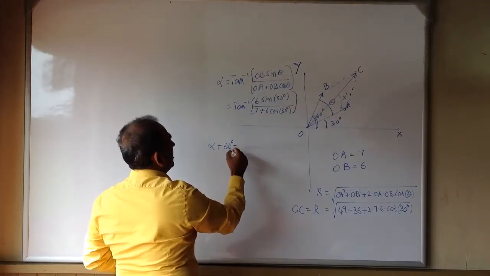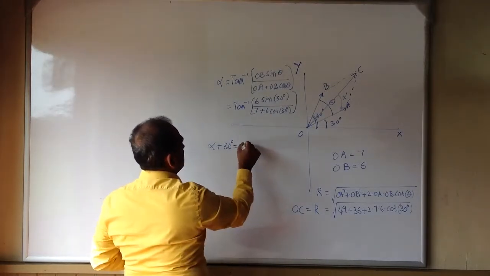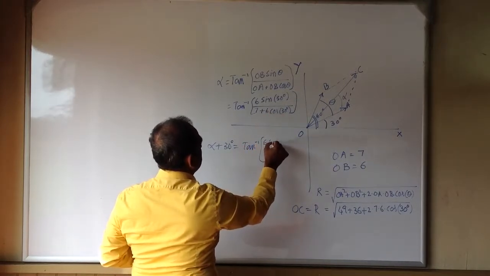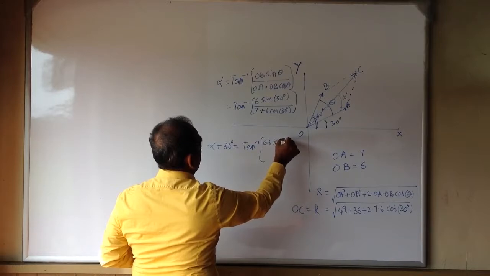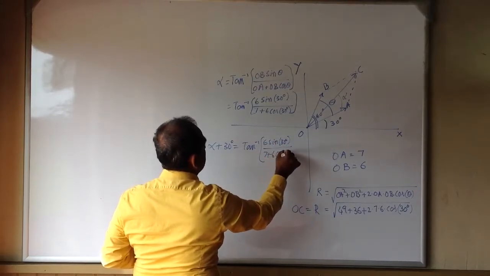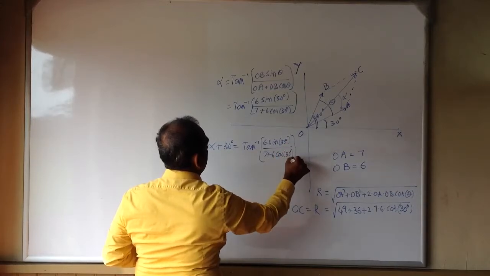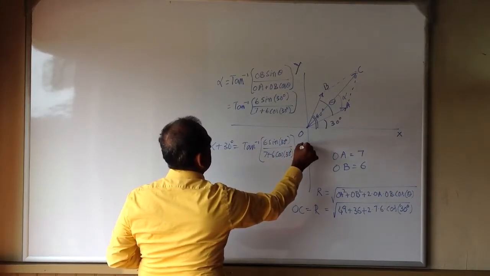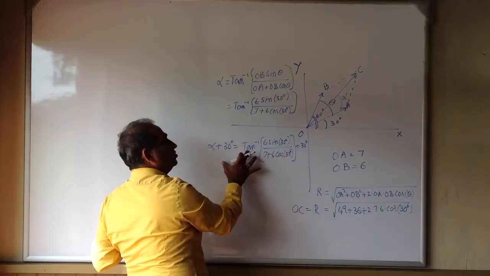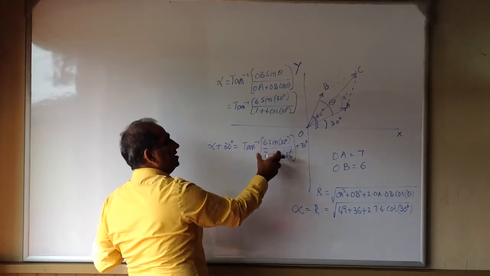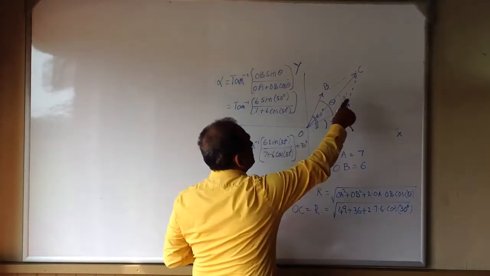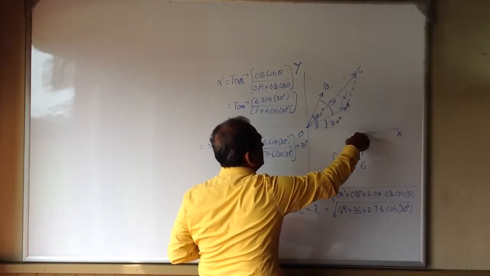That is tan inverse of 6 sine 30 over 7 plus 6 cosine 30, plus 30 degrees. So you find the value in the bracket, take the tan inverse, get the angle in degrees, then add 30 degrees. That is the total angle which OC makes with respect to the x-axis.